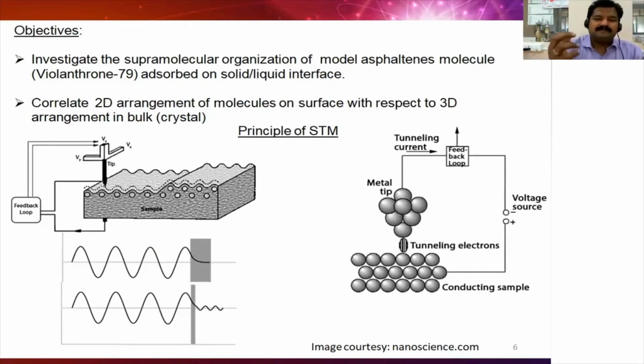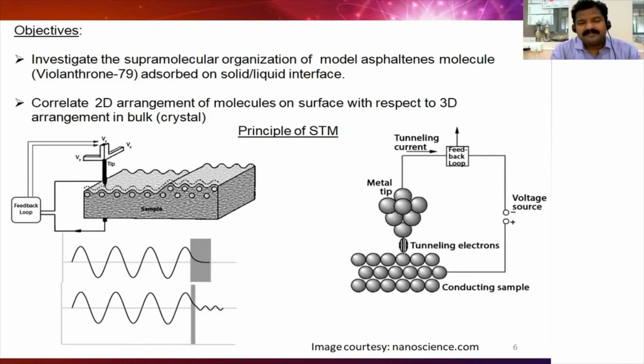Then we solubilize our violanthrone molecules in what is called 1-phenyloctane. 1-phenyloctane is a substance that is electrically neutral. It doesn't conduct, so this is a safe solvent. So we deposit this violanthrone dissolved in the 1-phenyloctane onto the HOPG.